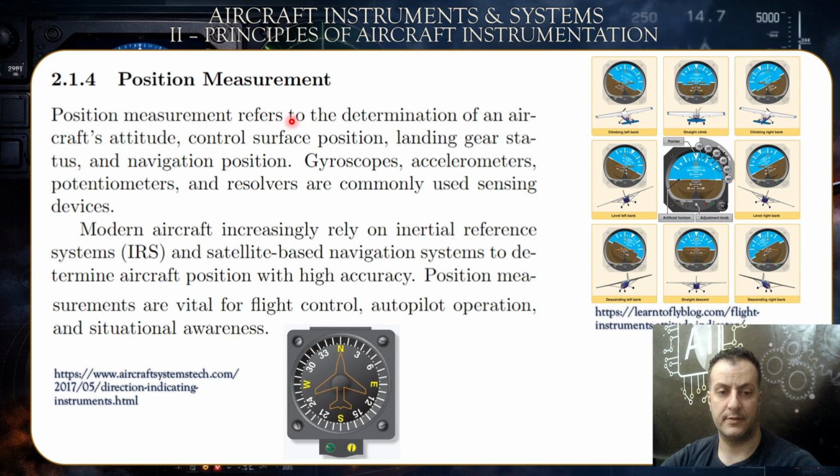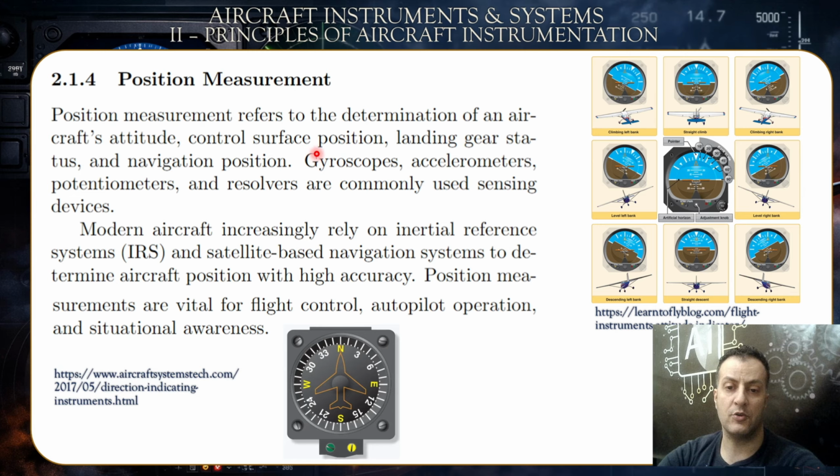Position measurement. Position measurement refers to the determination of an aircraft's attitude, which is whether it's banking left or right and how many degrees, because the bank is an angle between the surface of the plane and the horizontal reference, the horizon, which is parallel to the Earth, the ground surface.